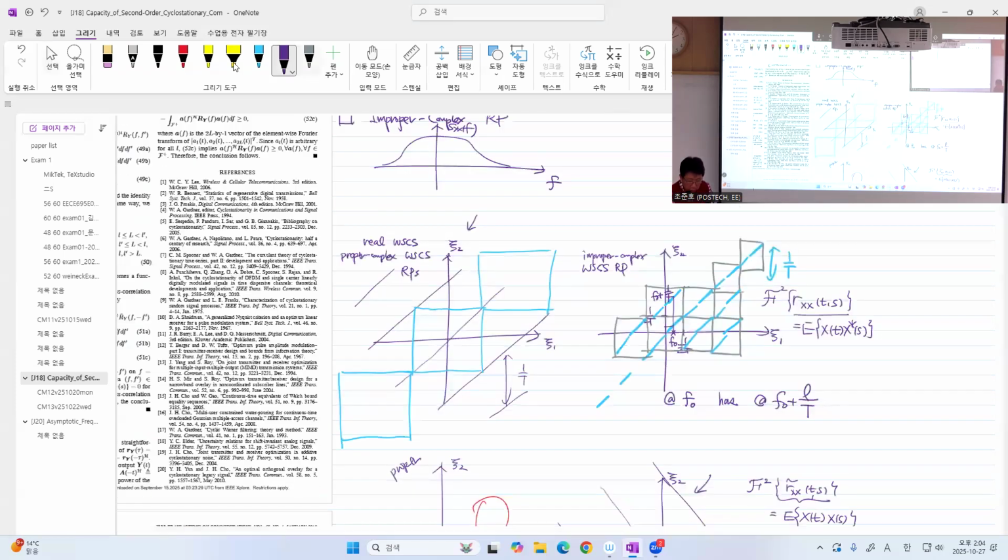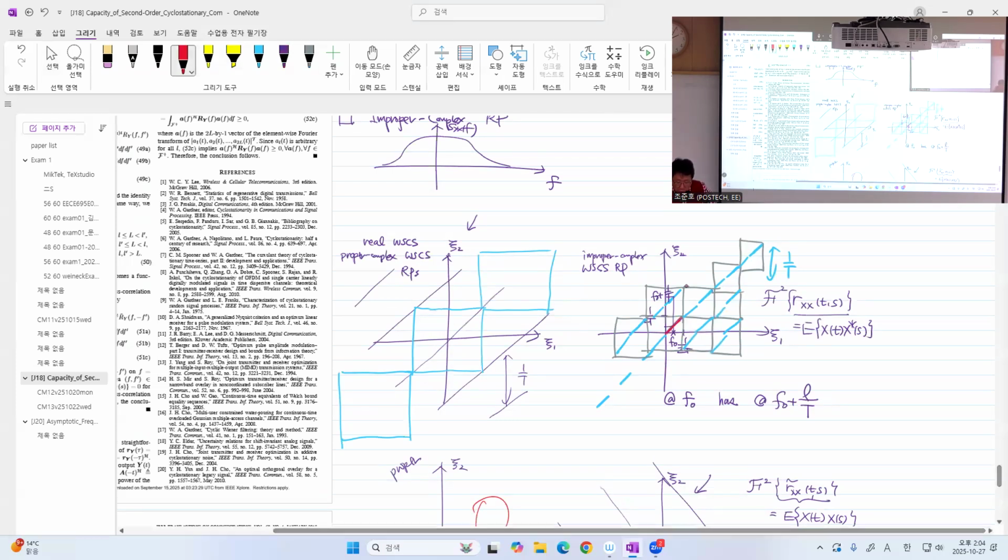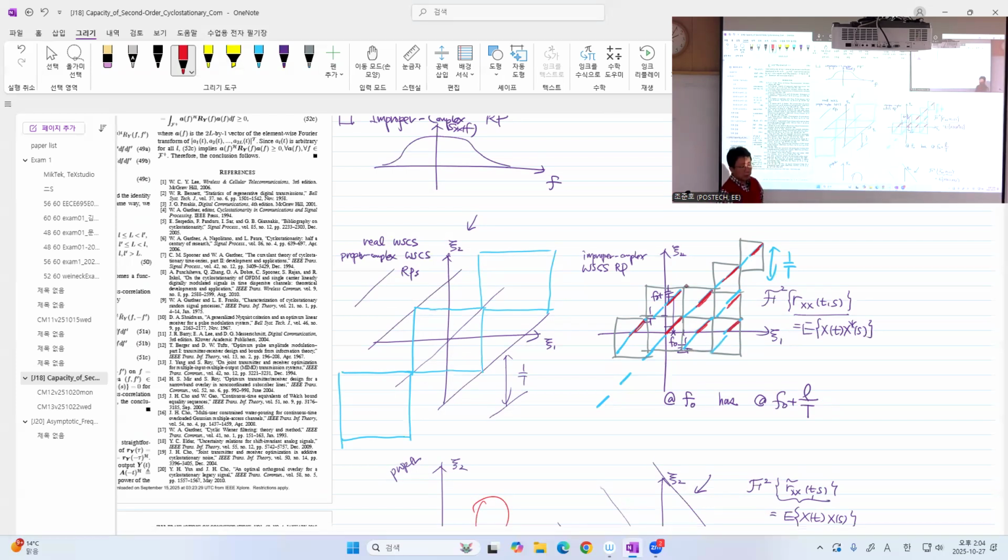So let me mark them. For example, this one, that one, that one, that one. Within the square Nyquist area, only this northeastern part of the delta function's height is obtained by correlating two of the upper branches.